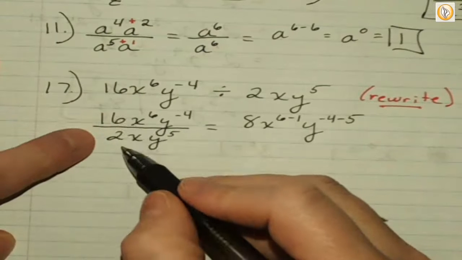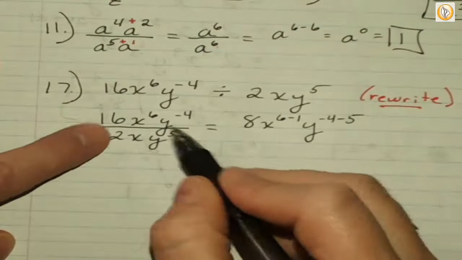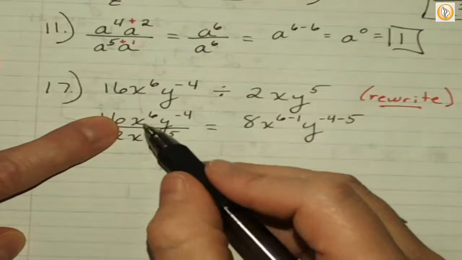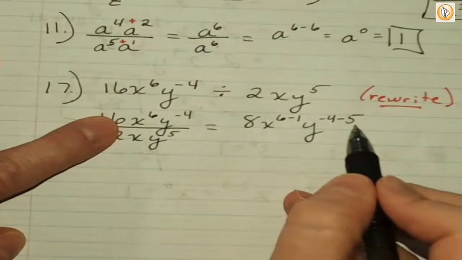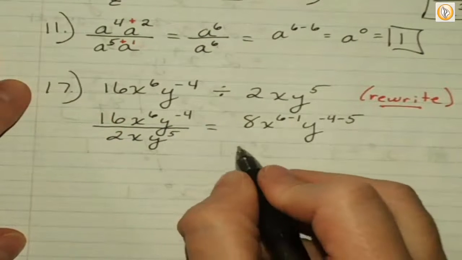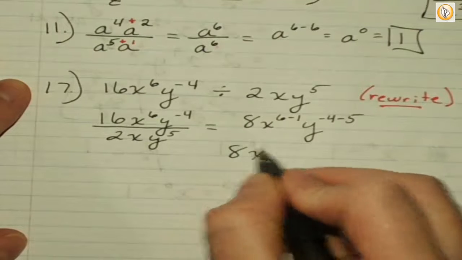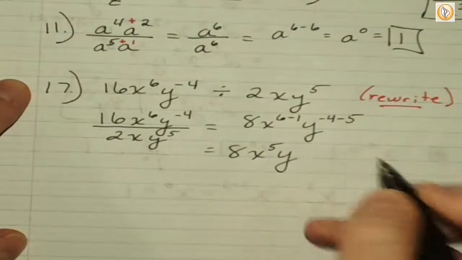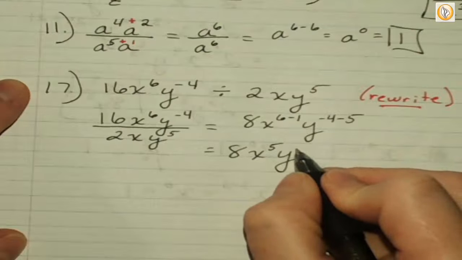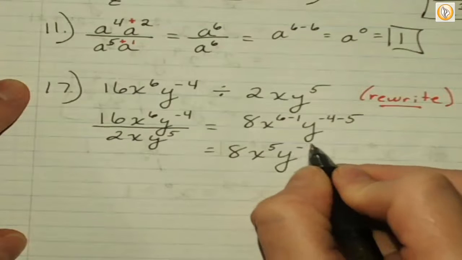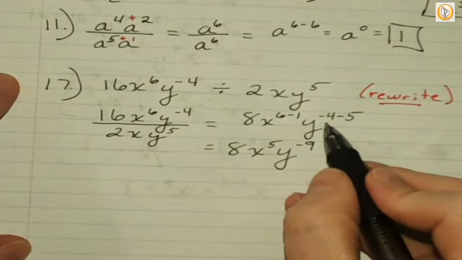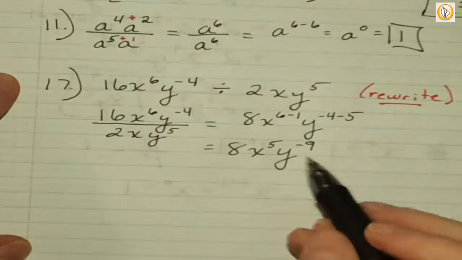So he divided 16 by 2, which gave him 8. Then we're focusing on the bases being the same. He's subtracting the exponents, and he said x to the power of 5 times y to the negative 9, because negative 4 and negative 5 are negative 9.